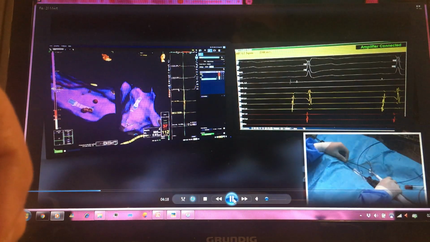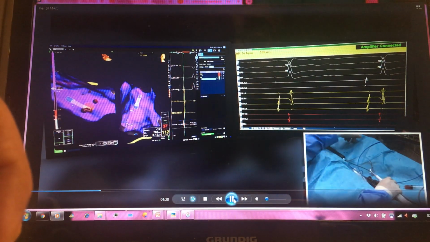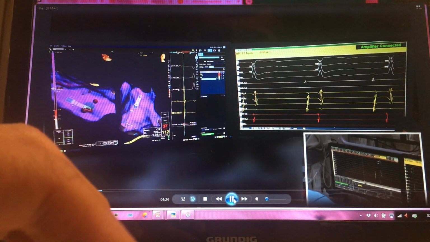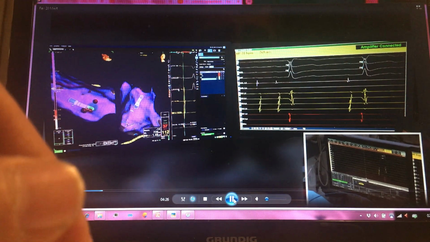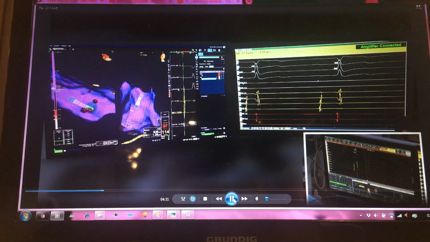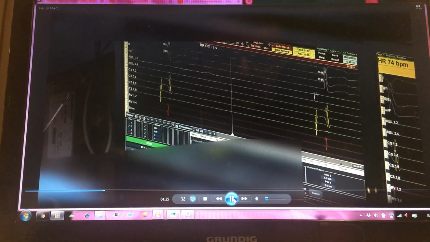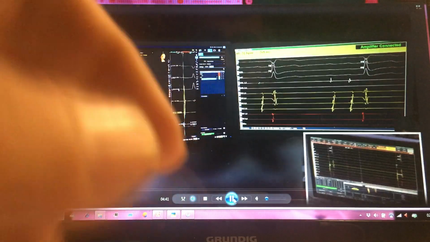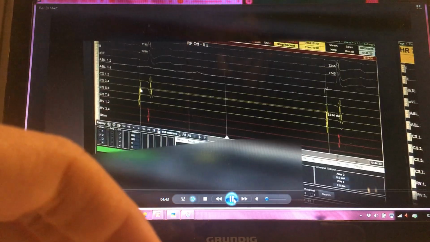It's a typical response for the left superior GP during RF application. Yes, you can see that. A 2.3 second asystole was seen during RF application.